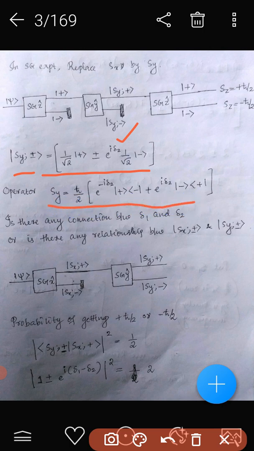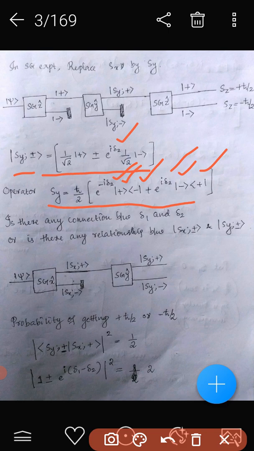And the Sy operator, like in case of the Sx operator, Sy is equal to h cross by 2 times e to the power minus i delta 2. That is, instead of delta 1 we can use delta 2, another phase factor: e to the power minus i delta 2 ket plus bra minus, plus e to the power i delta 2 ket minus bra plus.